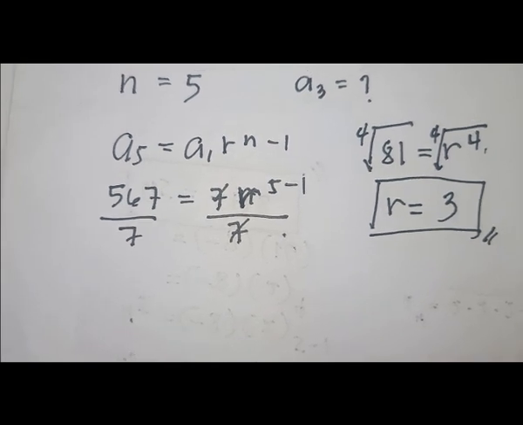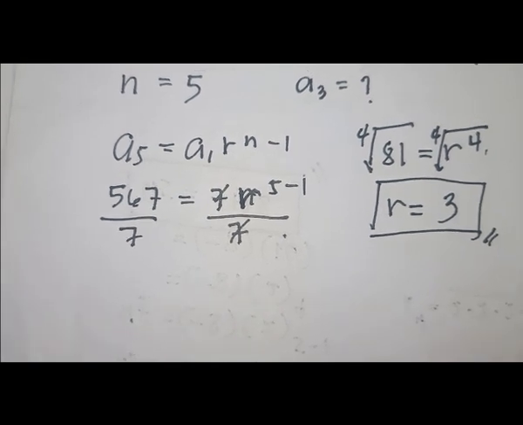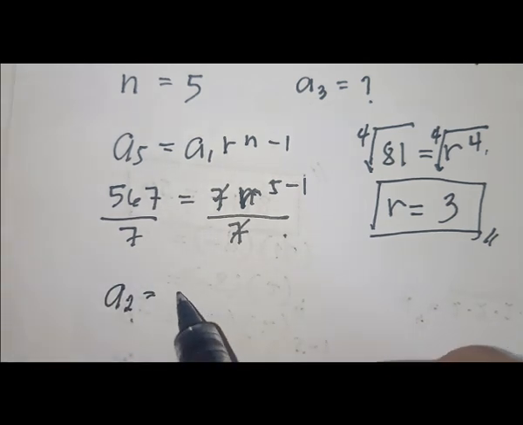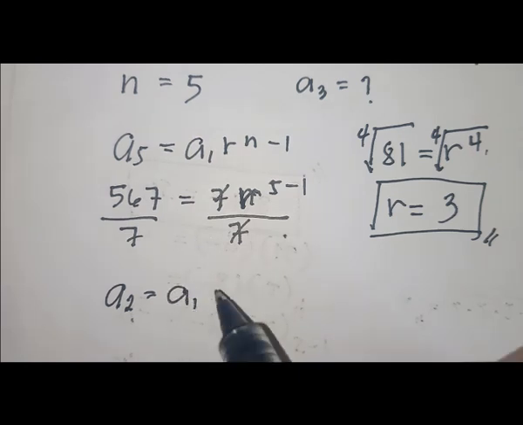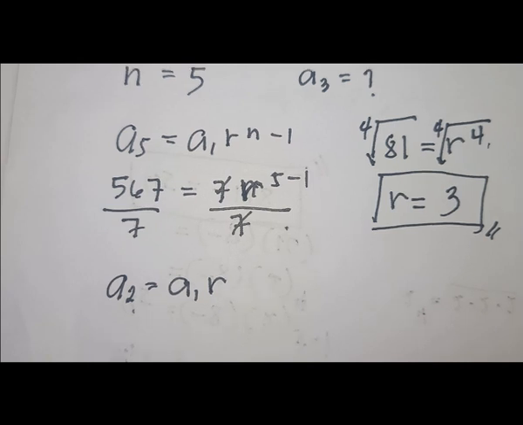Using the basic method in geometric sequence, sabi natin, kung kailangan mo yung value ng a sub 2, ang kailangan lang natin dyan, yung value ng a sub 1 times the common ratio. So, dito sa given na to, ang a sub 1 natin ay 7. Ang common ratio natin ay 3.